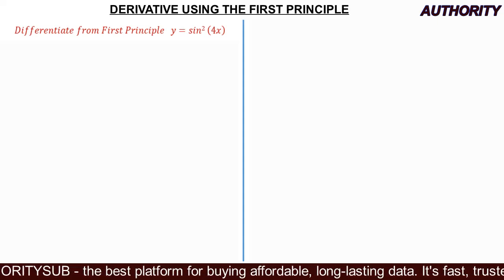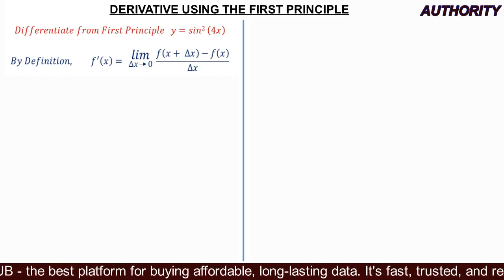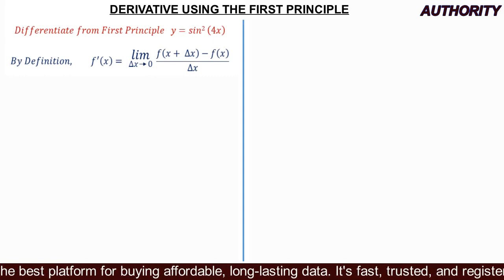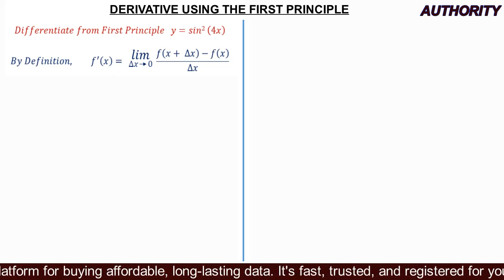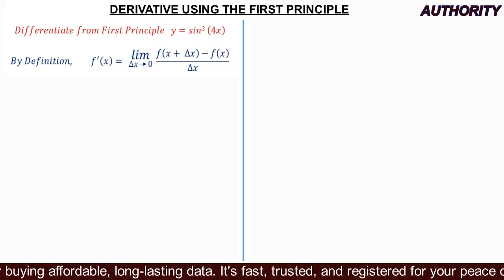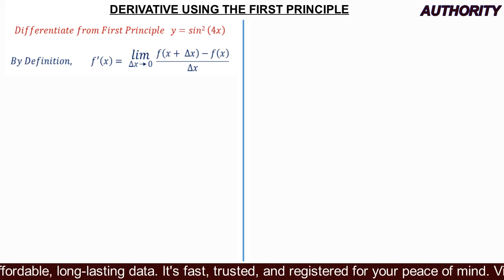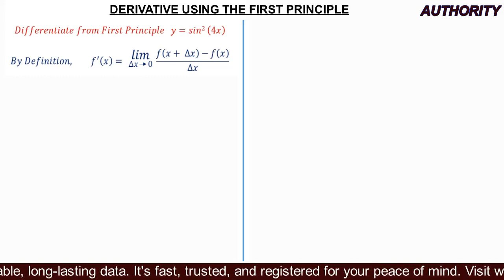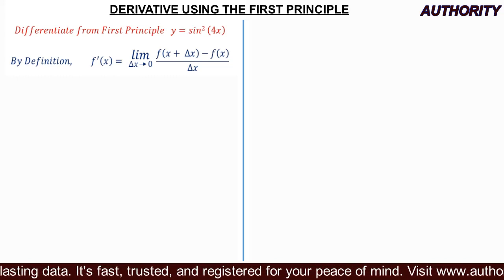Now by definition of derivative, here we have f prime of x is the limit as change in x approaches 0, f of x plus change in x minus f of x all over change in x.